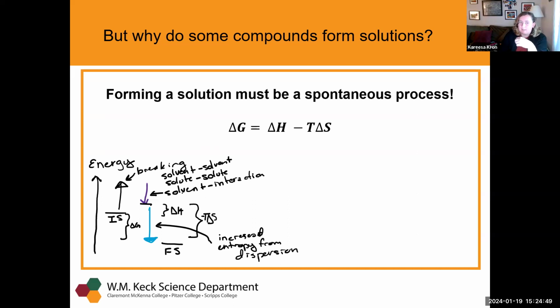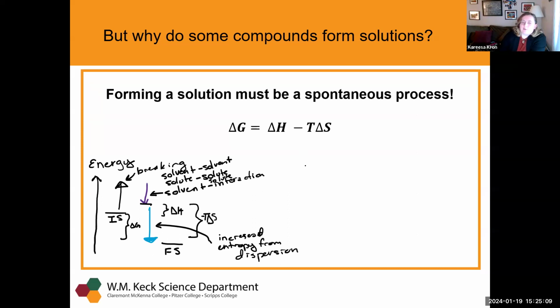But fortunately, the solvent-solute interaction is large enough that it provides some of that exothermic consideration, and our increase in entropy is high enough that we can reach this final state in a spontaneous process.